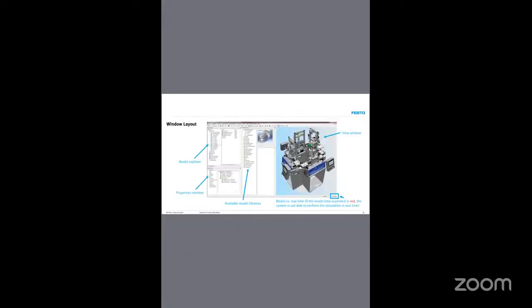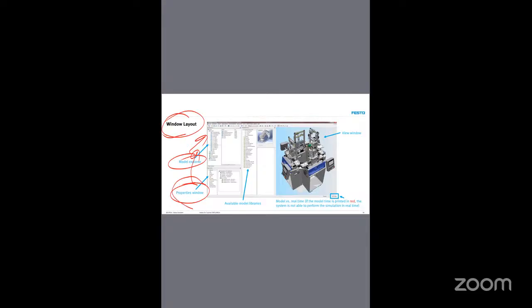Then coming to the window layout. Now we are going to use the software. When you open this software, we have a model explorer, right? Model explorer means here you can see all the objects available in the factory, for example robot, sensors, PLC, conveyor, motor, cylinder, etc. Then we have the properties window, which shows the properties of the object, for example speed, position, name, color, parameter.